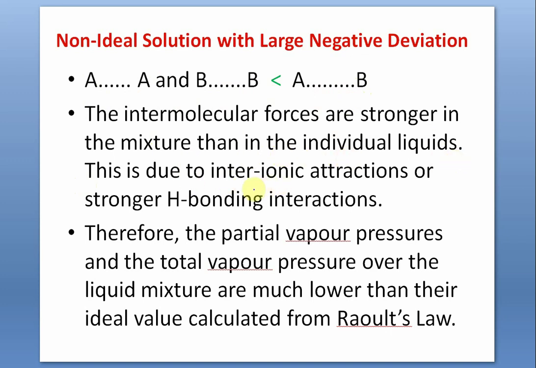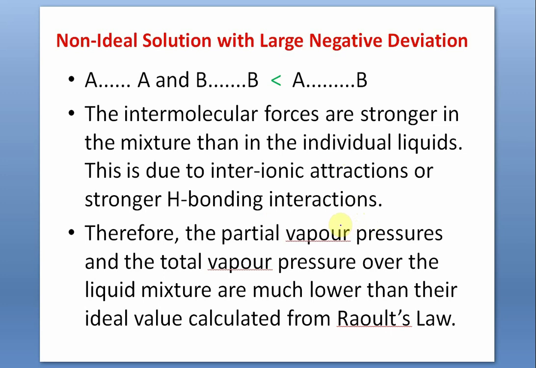This is due to inter-ionic attractions. Most of them form ions by the reaction, or have stronger hydrogen bonding interactions that make the mixture more compact, more strongly associated. So there is a decrease in volume.